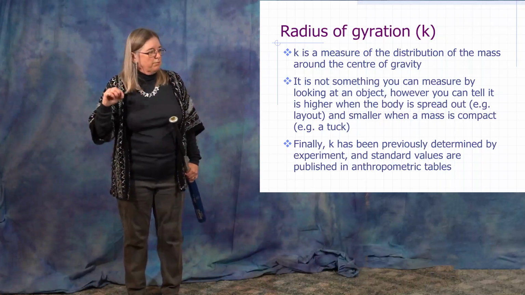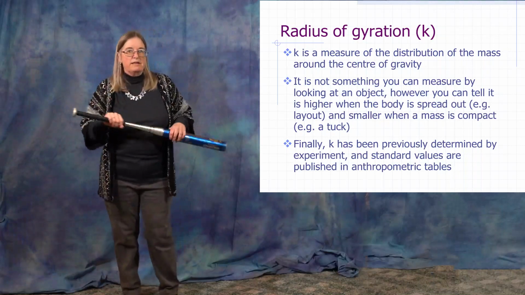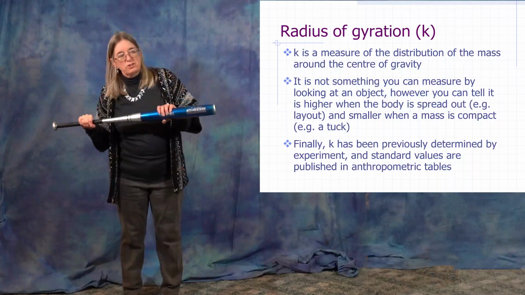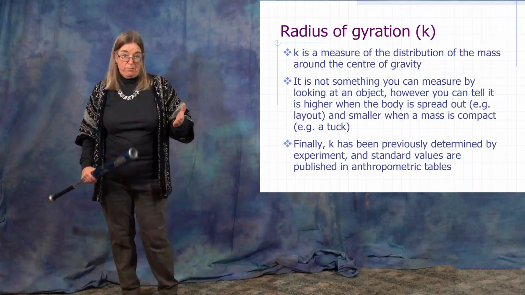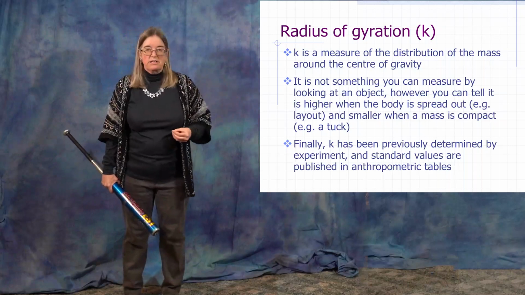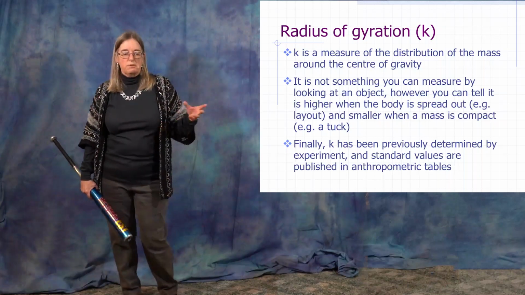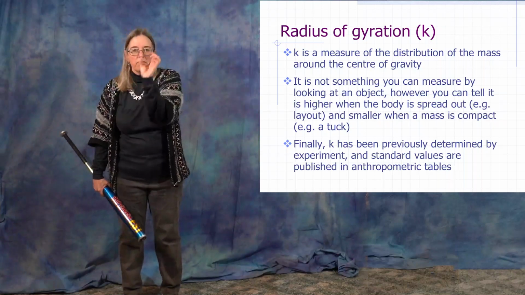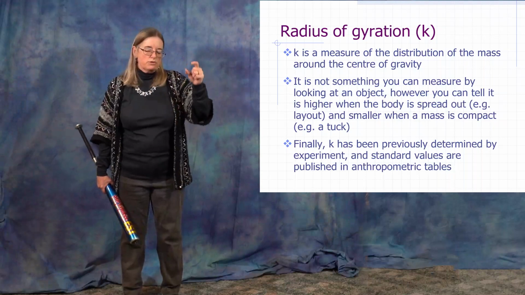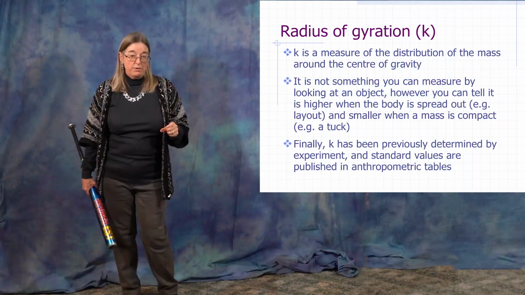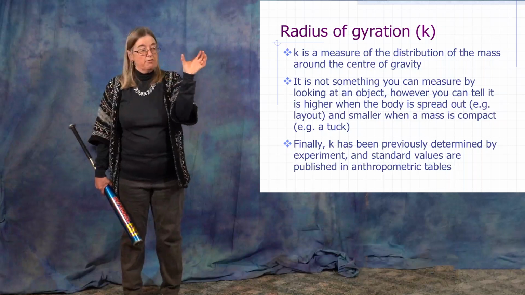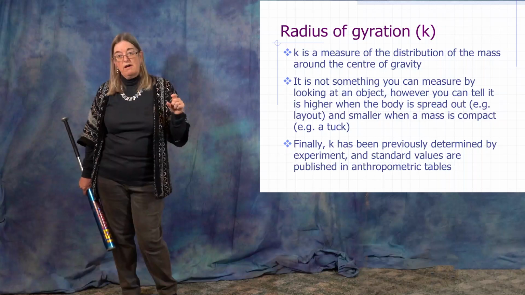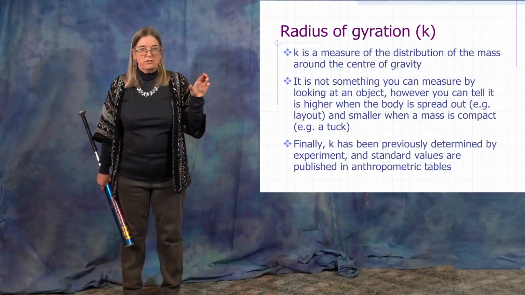They are usually previously determined by experiment, and then the values are published for the body in anthropometric tables. We've already seen anthropometric tables when we were looking at the center of gravity. This is another column that we often see in those tables, which has the fraction of the segment length, which is the length of the radius of gyration.